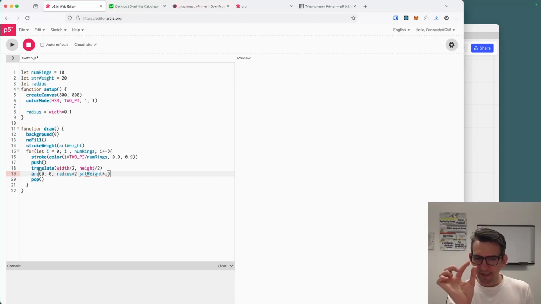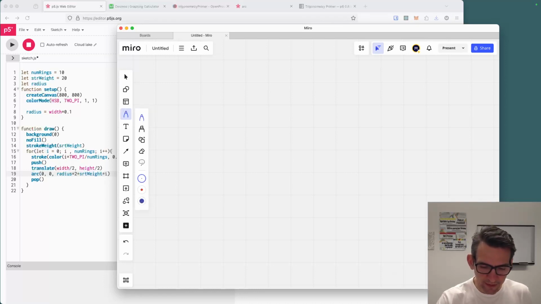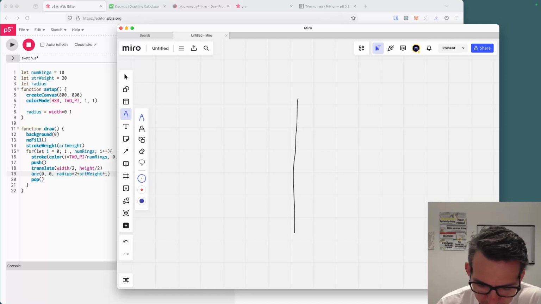So I'm gonna take that amount and then add that to the radius, right? And then the interesting thing is I need to multiply it by 2, and it has to do with the way the stroke is applied. So I can crudely draw this for you, right? So if this is the line, right?